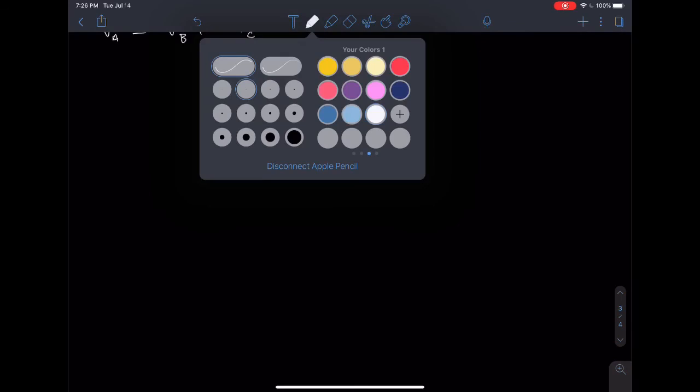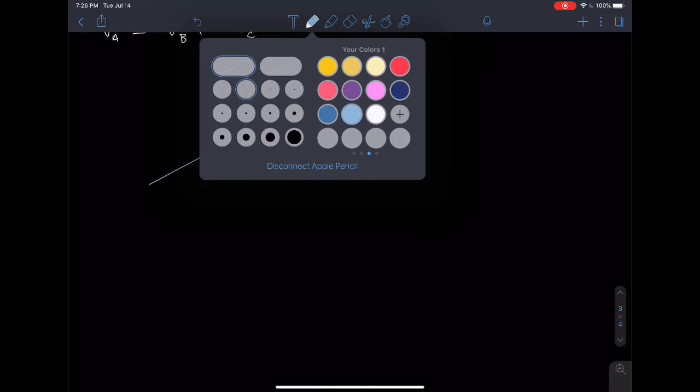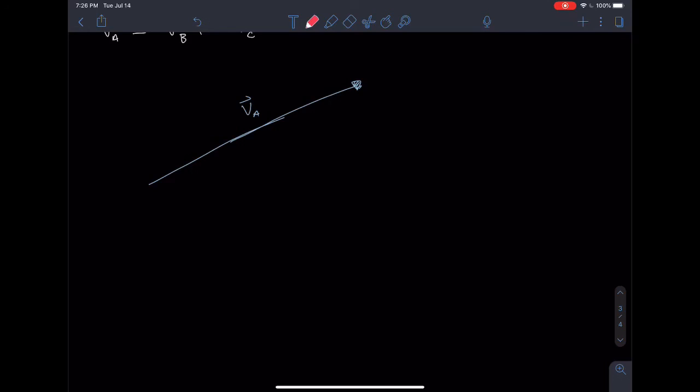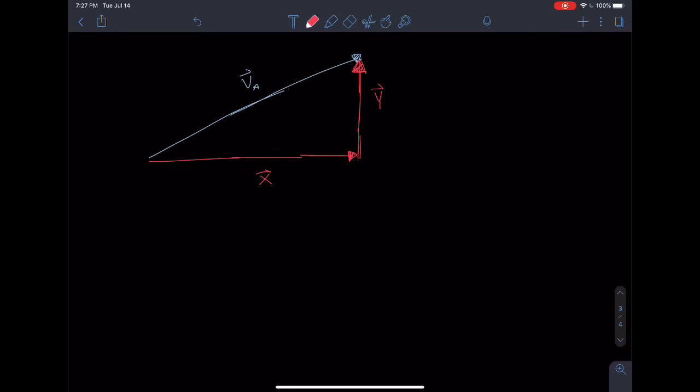Let's say this is vector A, and we have to break it down into its X and Y components. Here is the vertical component that we call Y. Then here is the X component, our horizontal component. So this is vector X.